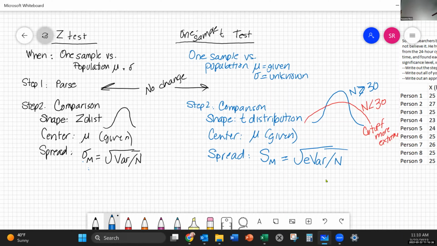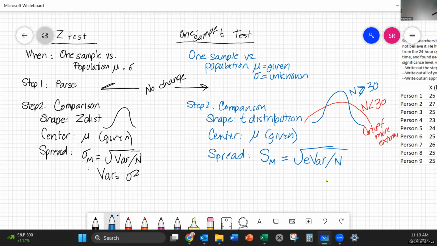Where do we find this variance? In the z-test, we calculate the variance very easily because we just take that sigma that's given way up here, and we square it. In the t-test, we go through a little bit more work.